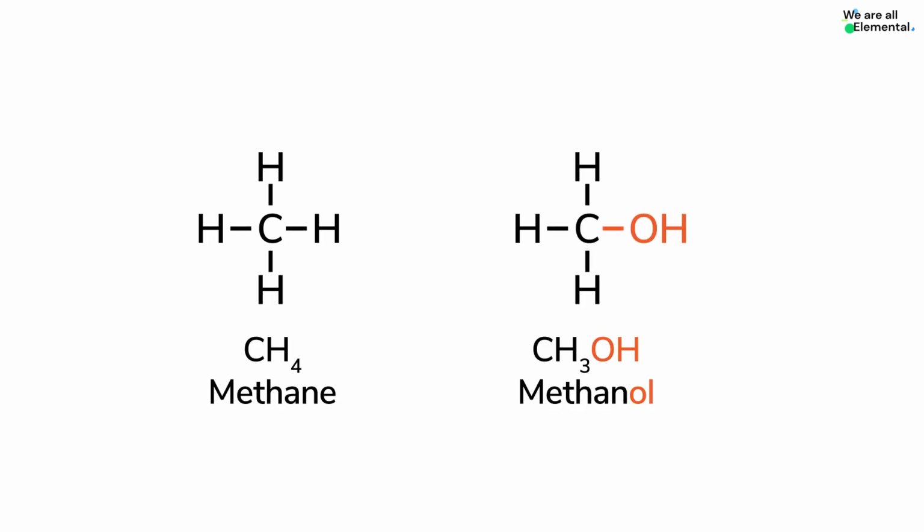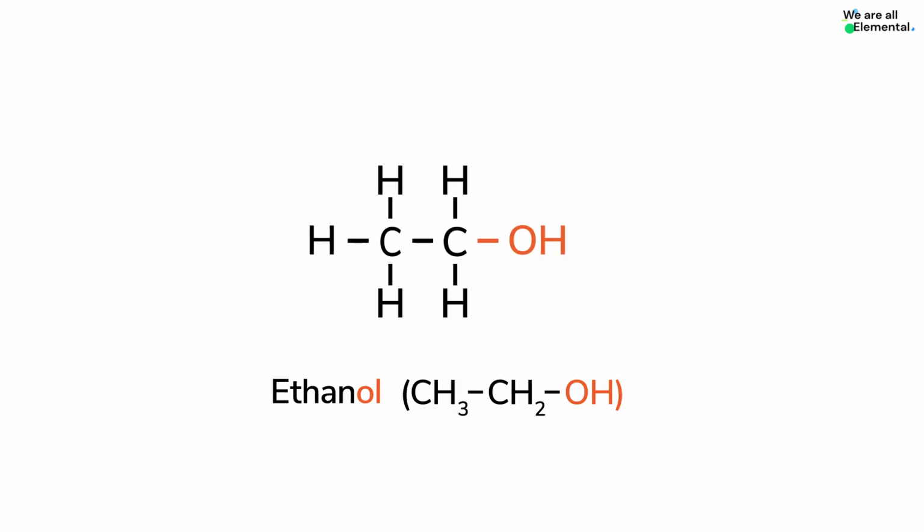The first member of the alcohol series is methanol. It is a one-carbon alcohol with a hydroxy group. To name it, the E in methane is replaced by OL. So this compound is methanol. Ethanol is the second member of the alcohol series.